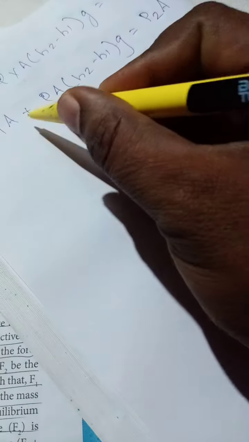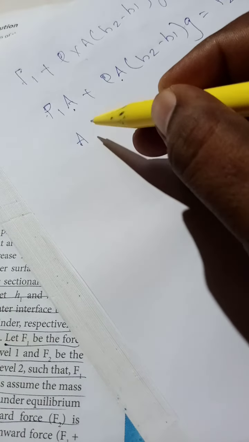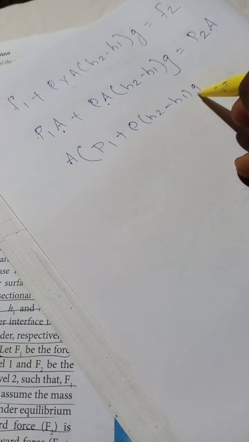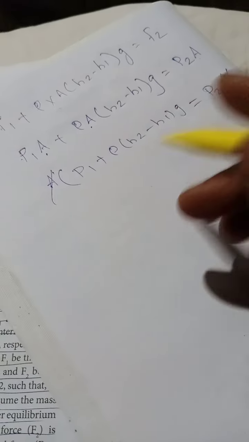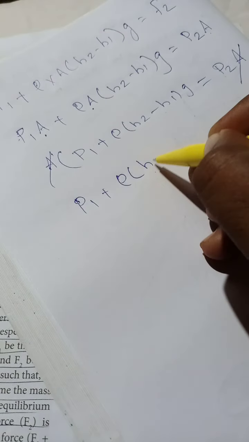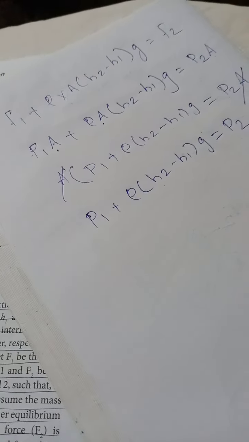Now here A is common, so take the A outside. P1 plus rho H2 minus H1 into g, equal to P2 into A. Cancel this A and A. So remaining we will get P1 plus rho into H2 minus H1 into g equal to P2. So now we have got the P2 value.